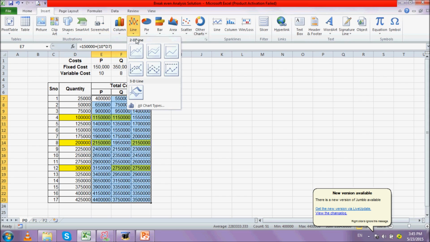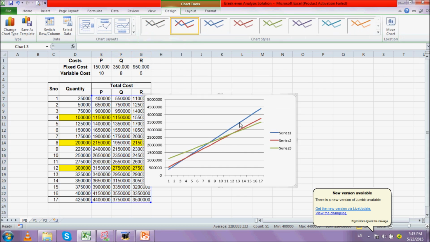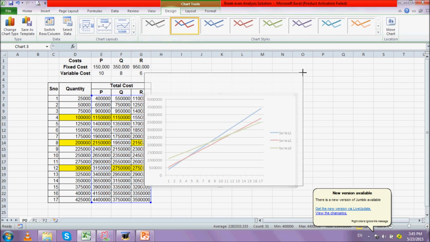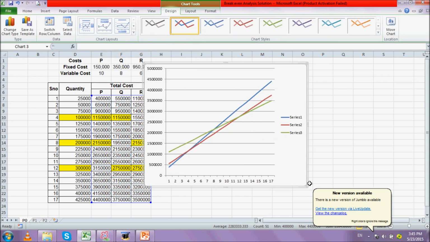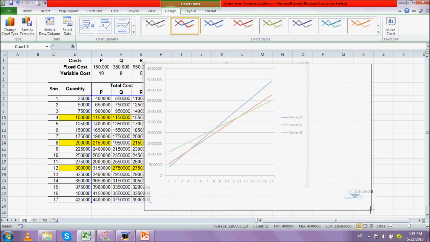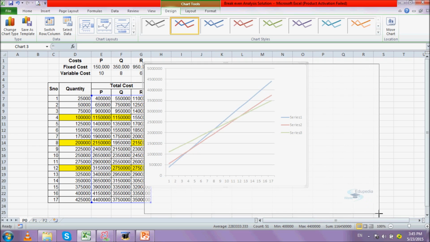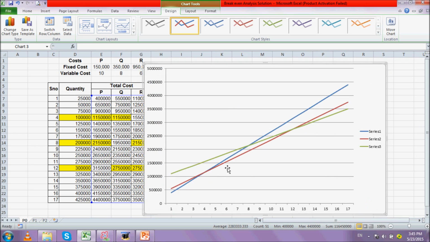Let's get the graph on one single sheet for all the three locations. Here we have it, let me just enlarge it so we can have a better view. You can see now that this blue line represents location P, the red one is location Q, and the green one here is location R. If it is in this range up to this value where these two are meeting, then P is the most suitable, and this is the 100,000 mark.